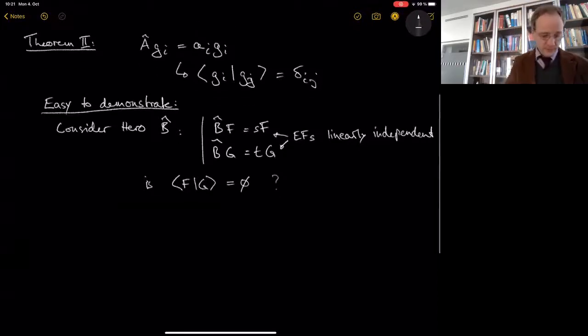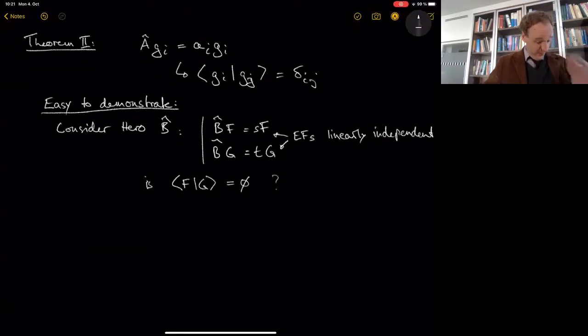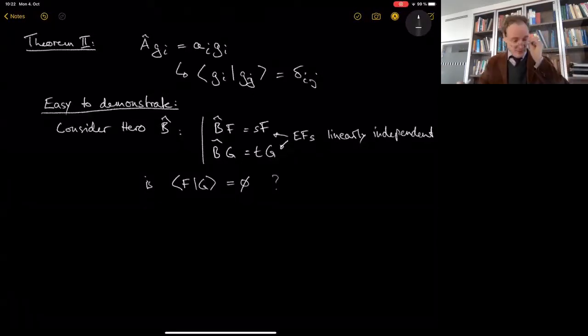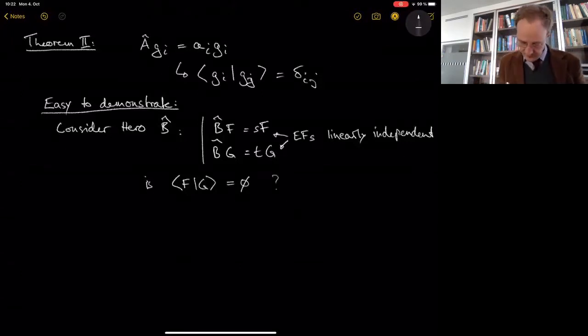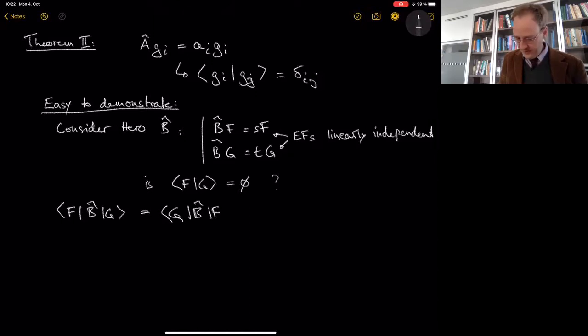So let's take the expectation value f B g, and that is the same as saying g B f complex conjugate.